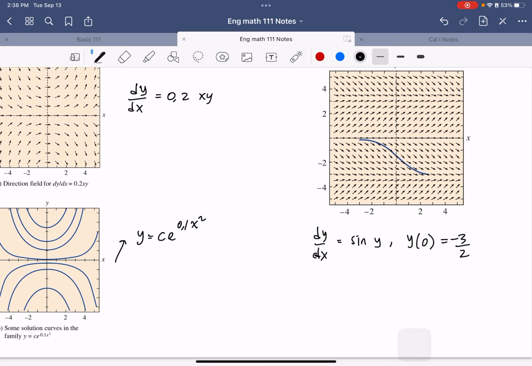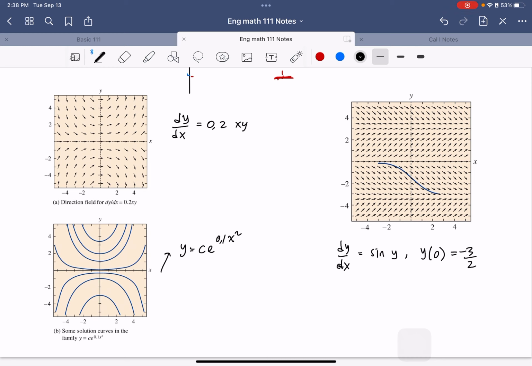Because it's trigonometric, it's probably easier to follow with radians. Just to show you that we might have this kind of solution. So we can approximate visually or qualitatively from the graph, and we call this using the slope fields.